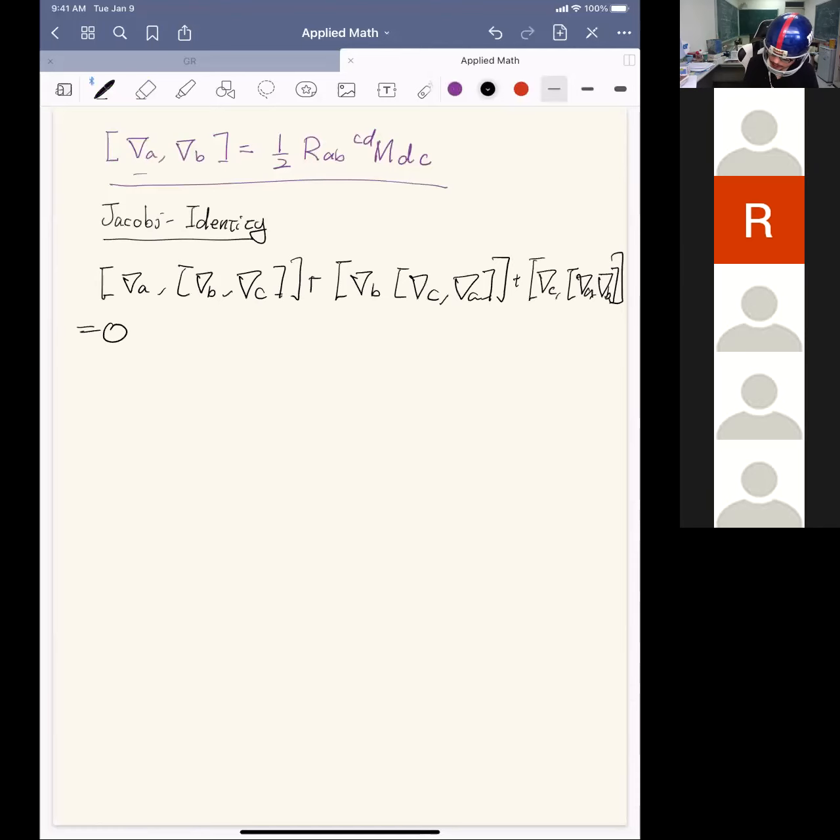We know that this is an identity that is 0, but we also know that the commutator [δ_A, δ_B] is R_{AB}^{CD} times M_{DC}.